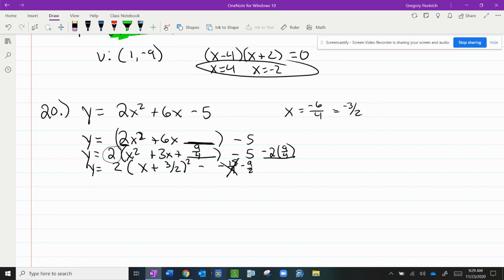And I can write 5 as -10 divided by 2. And I can get 2 times x plus 3/2 squared minus 19/2. Okay, and then my vertex is -3/2, comma, -19/2.